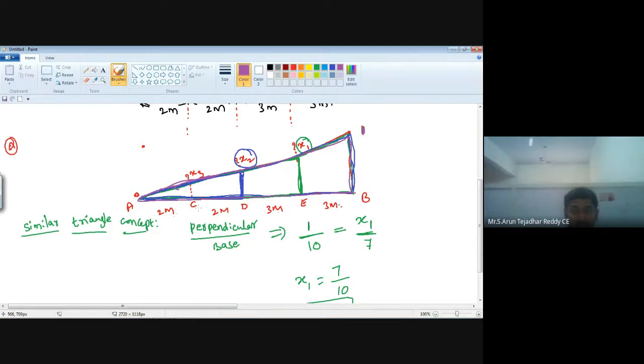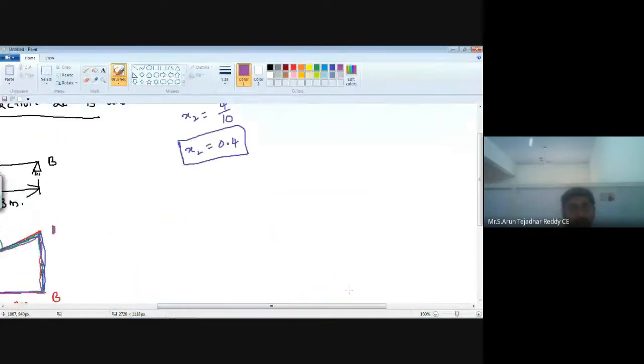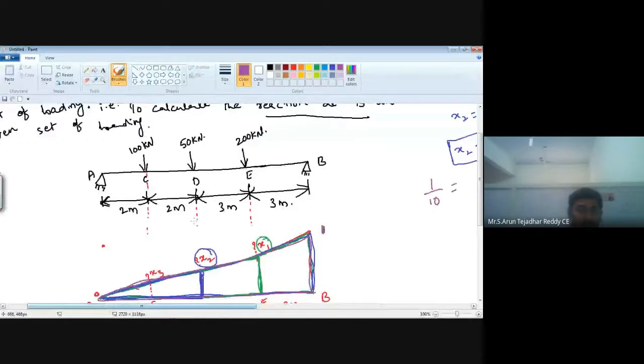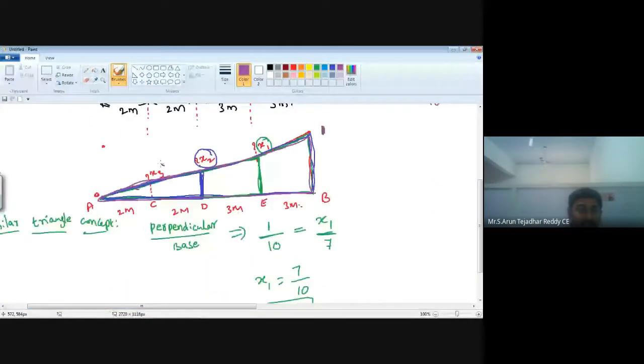Base is 10 meter. So 1 by 10 is equal to, now we need the x3 value. So make it into a triangle shape. This is our triangle shape.